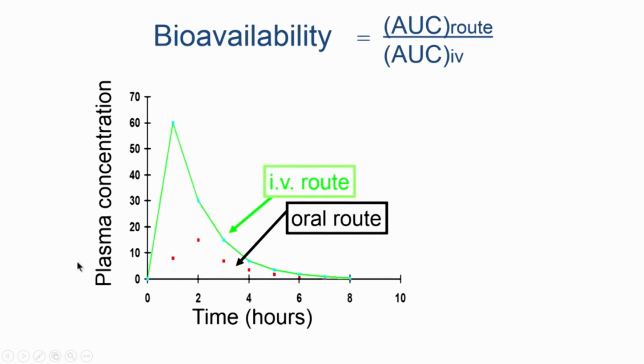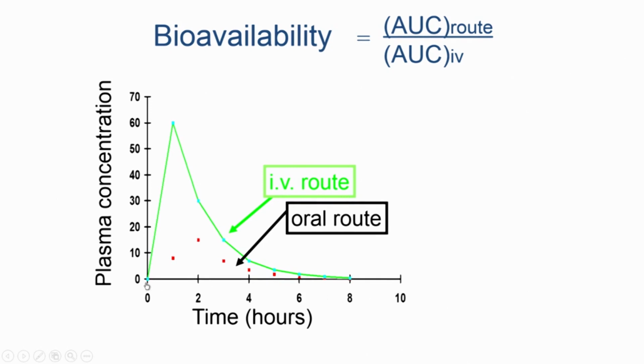Let us say this is the plasma concentration plotted against time, and you have two different curves for different routes of administration. If I give something by IV at time 0, it is immediately going to shoot up to a certain plasma concentration depending on how much of it we had given, and then eventually it is going to start getting excreted or metabolized from the body.